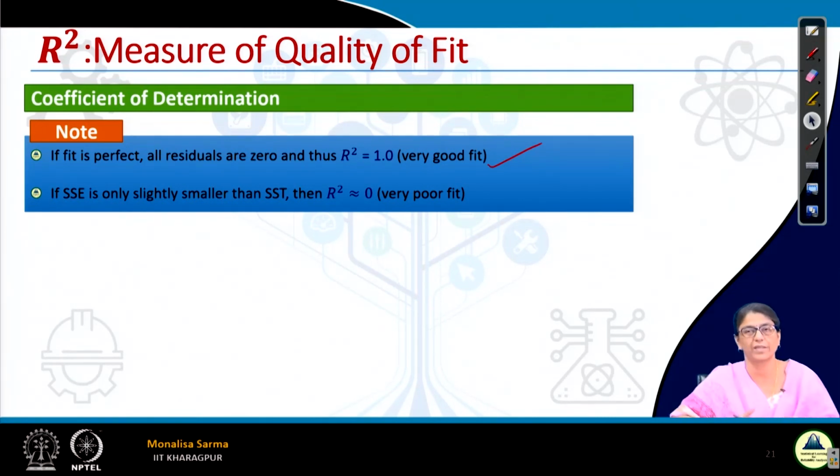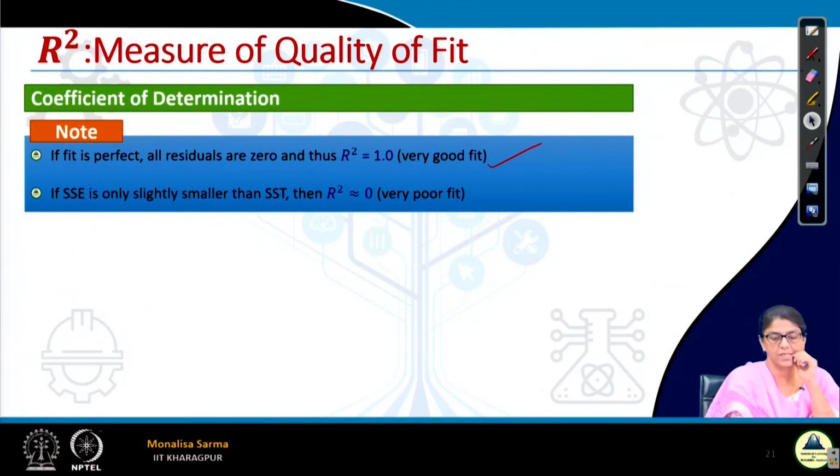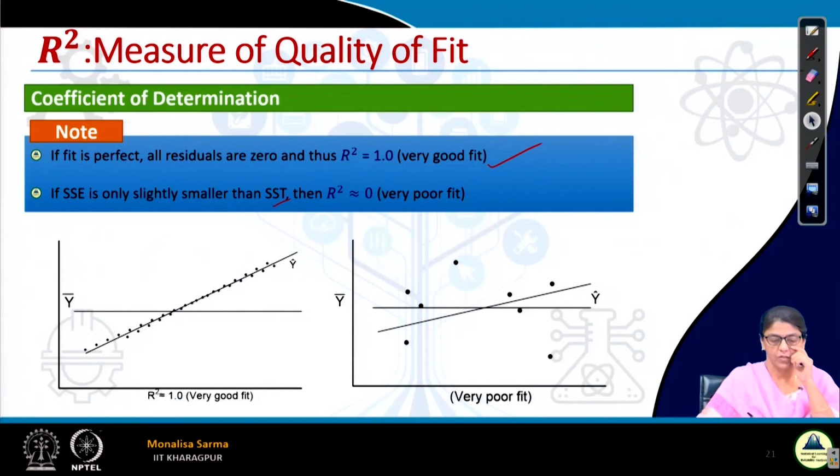Of course, that is very impractical, but getting a value closer to 1 is also a very good fit. If SSE is only slightly smaller than SST, then R square is almost equal to 0, which is a very poor fit. You see, this is a very good fit, where almost all the points are on the line or very near the line, and this is an example of a very poor fit.